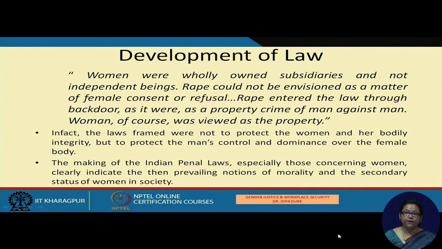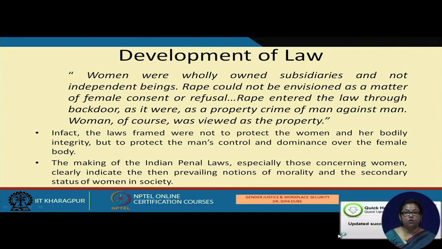So, over a period of time, there has definitely been a shift in perspective. Initially it emphasized the inferiority of women; today it may be wrong to say so, and it has really moved to a position where protecting the interests of women is significant and important, and that is what the law has tried to do.